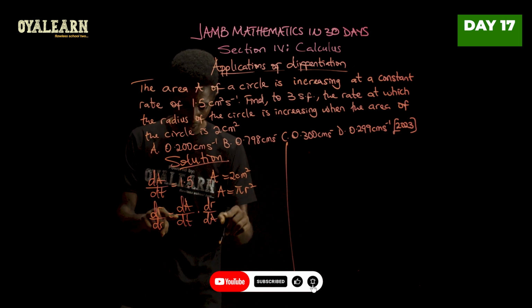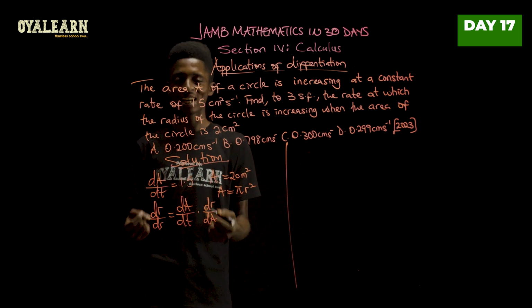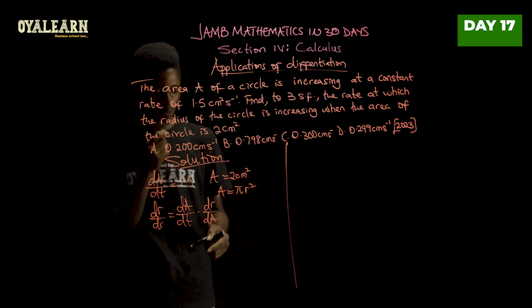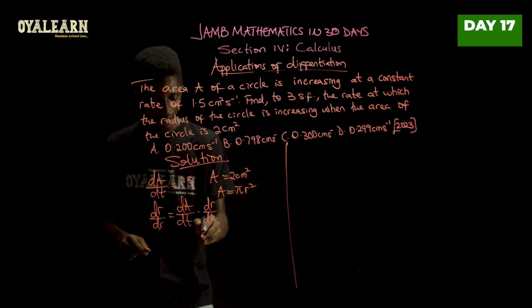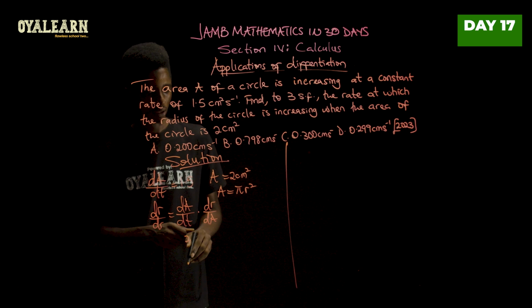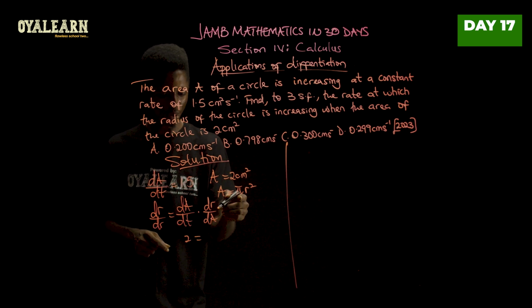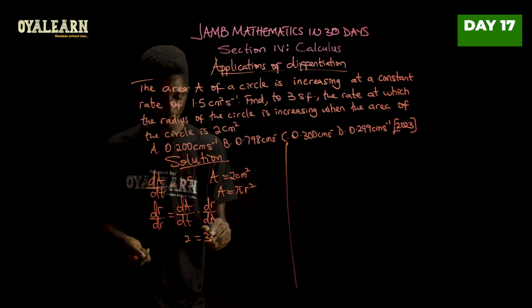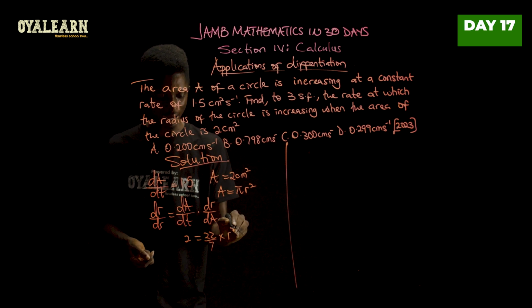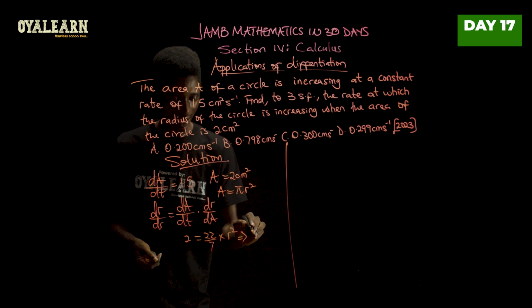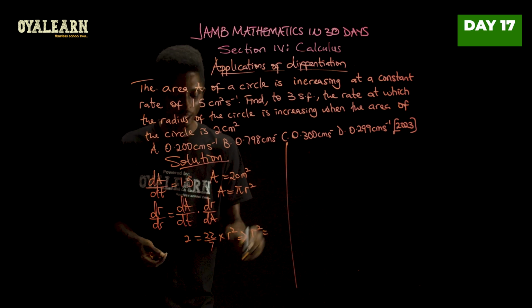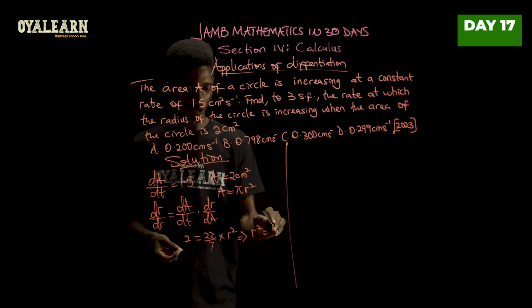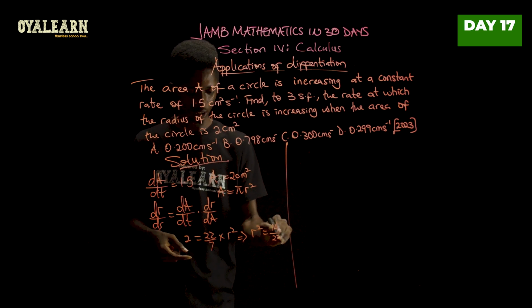But using this manner, we should be able to find an answer to this question. Now let's pick it from area. Area is given as 2. So this will be equal to pi, which is 22/7, multiplied by r squared. Now what is implied is that r squared would be 7 times 2, which is 14/22.